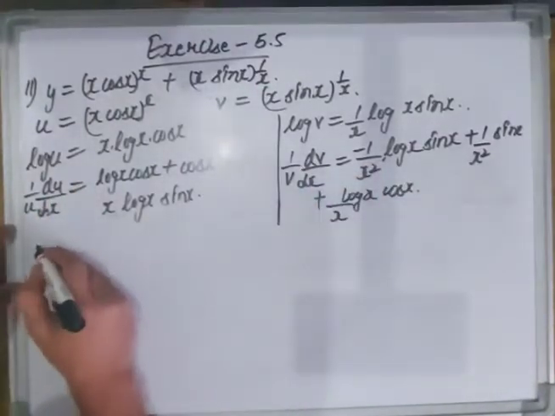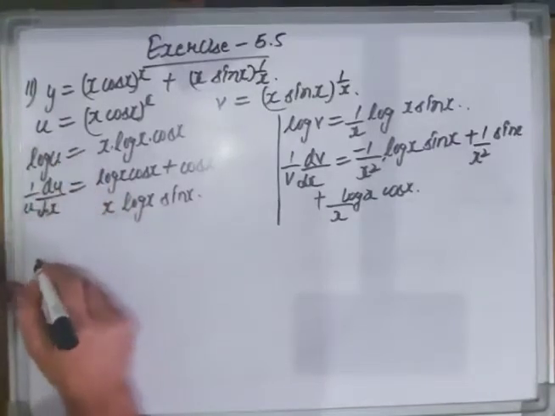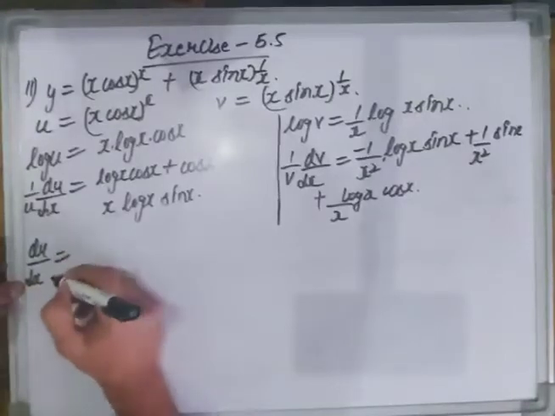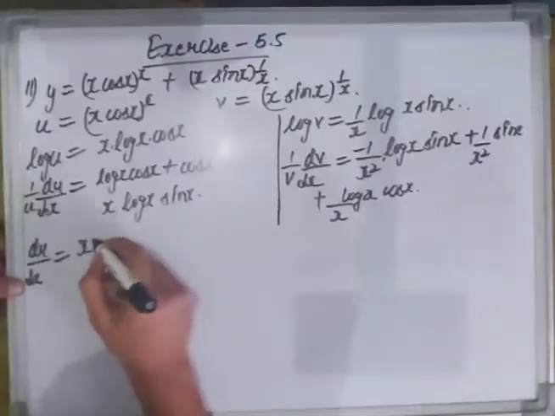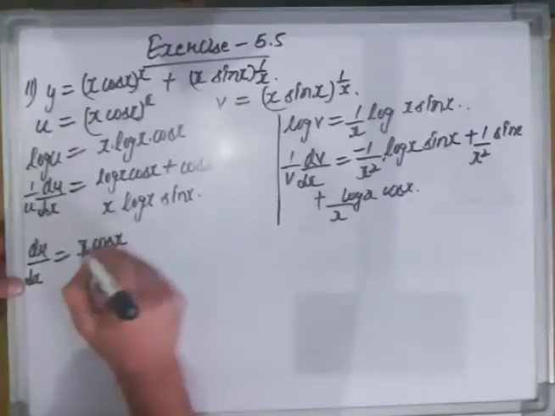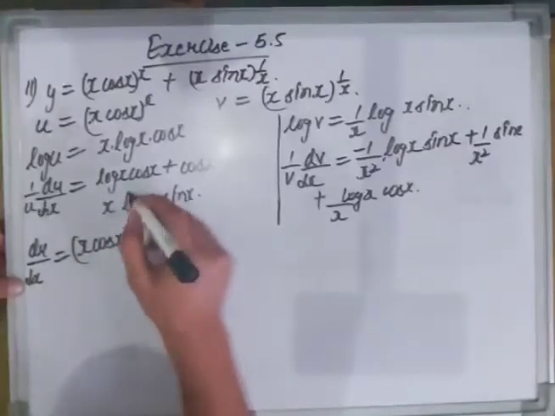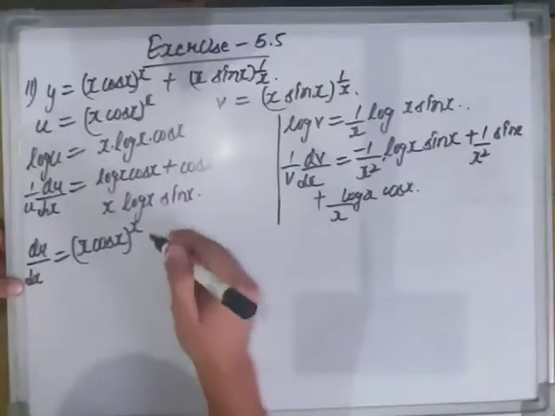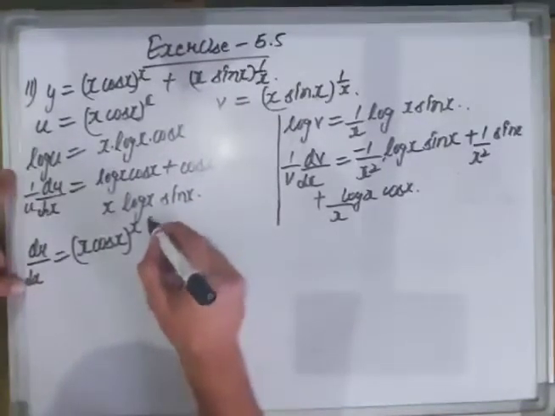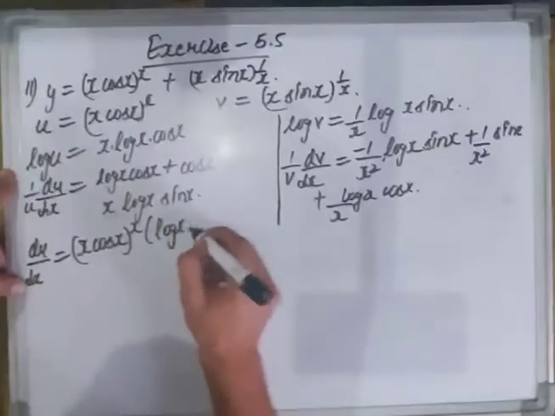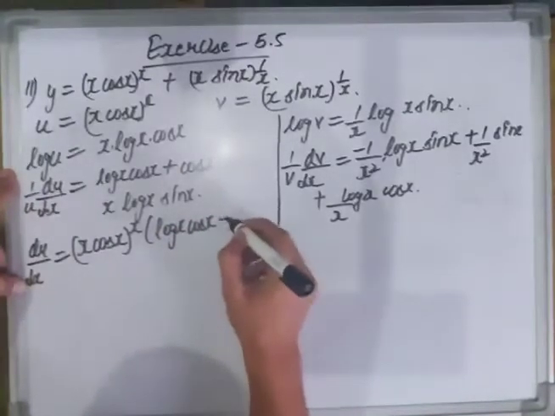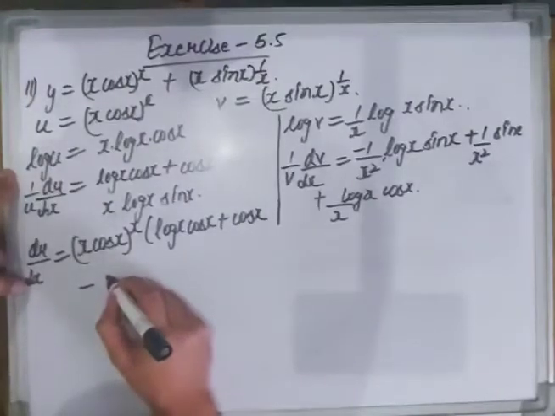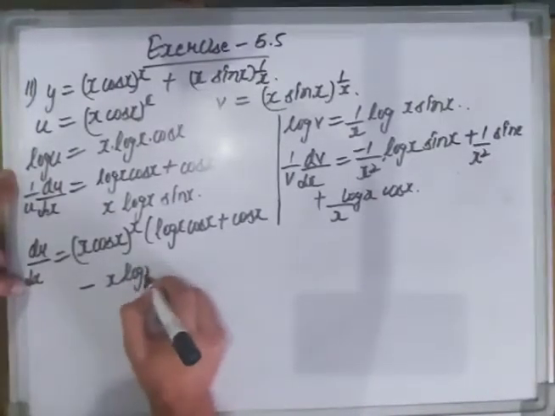What is the value of u? The value of u is x cos x raised to power x, and du upon dx equals to x cos x raised to power x, and here we have log x cos x plus cos x minus x log x.